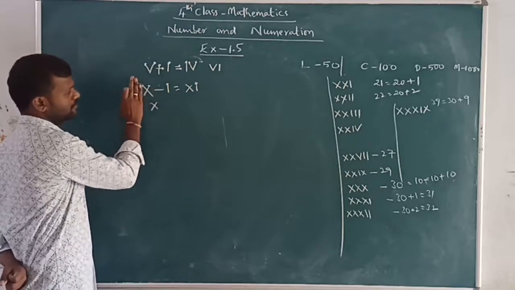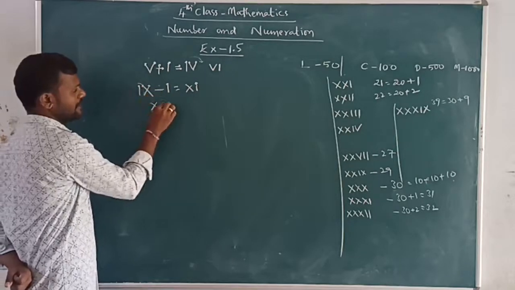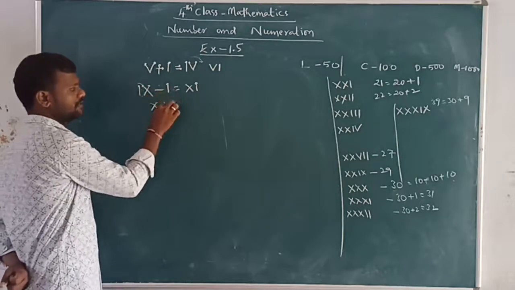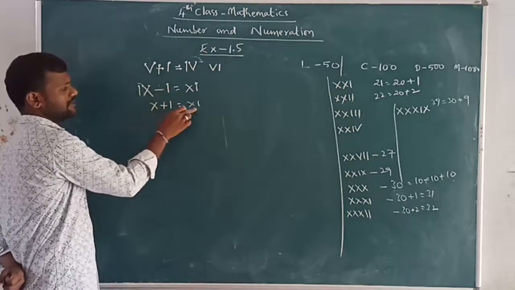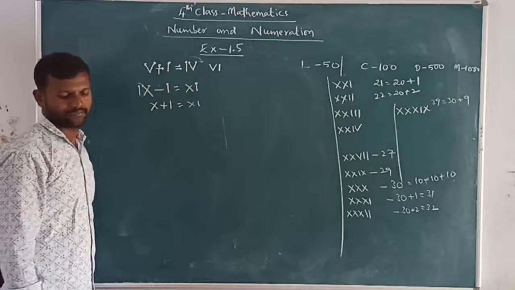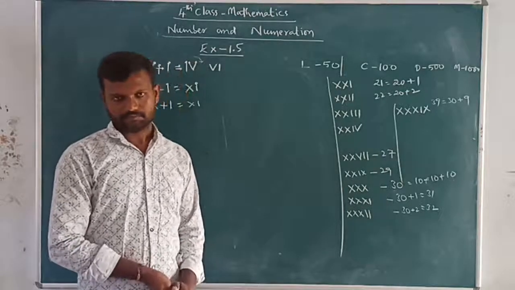Here we remove this one, so X will be there. And if I keep it here, then you will get a plus symbol. Another one, I, that equals XI. So 10 plus 1 is equal to 11. That is correct. In this way, we have to correct it.